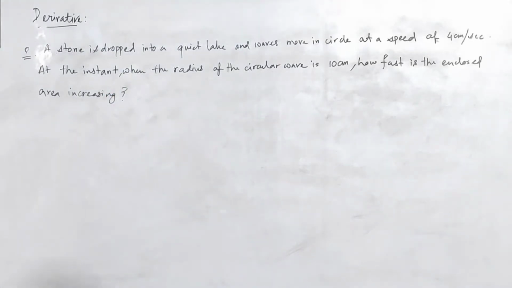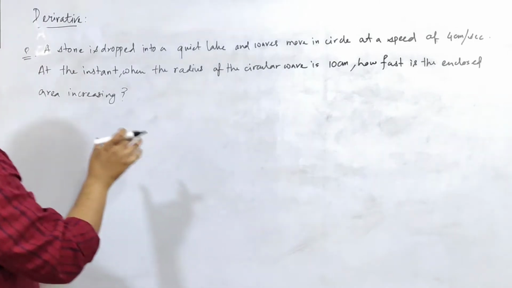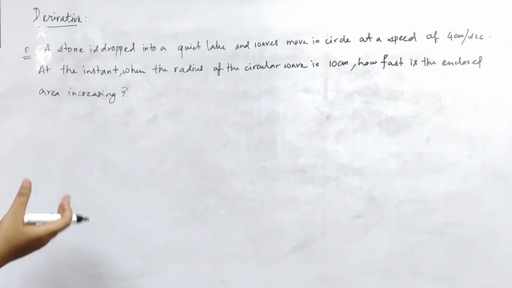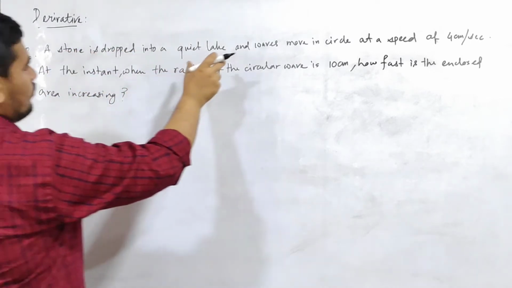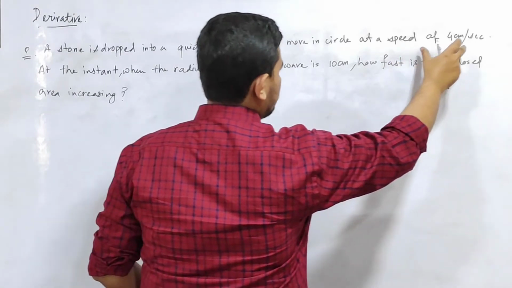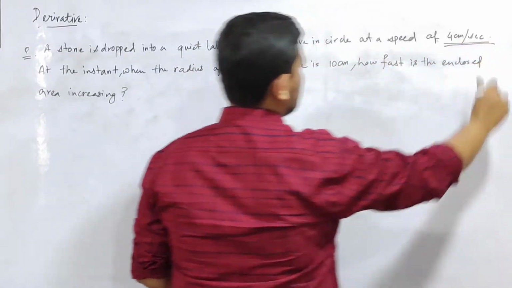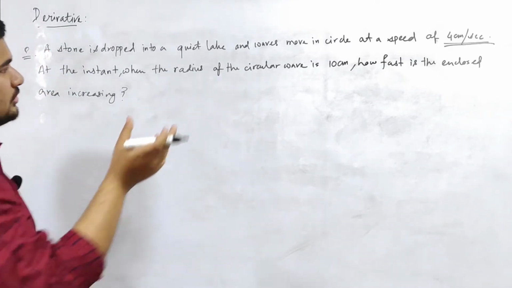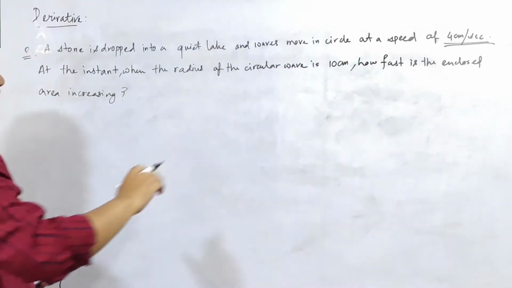So this is a physical problem which involves the concept of application of derivative. We are given here that a stone is dropped into a quiet lake and waves move in a circle at the speed of 4 centimeter per second. So we are given the speed of propagation of disturbance, which are waves, at 4 centimeter per second.